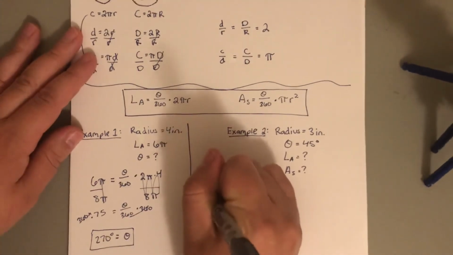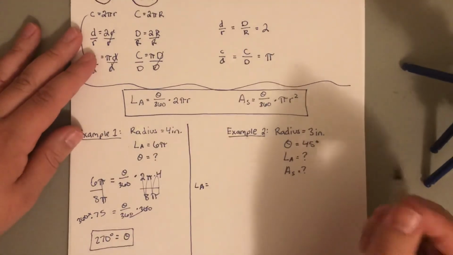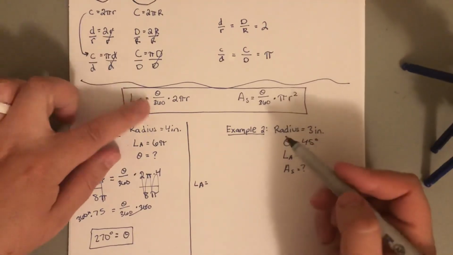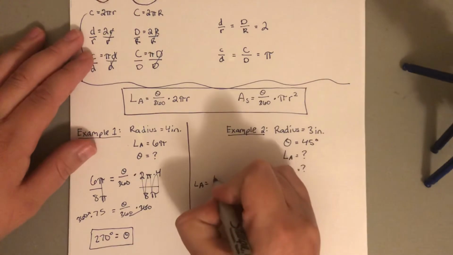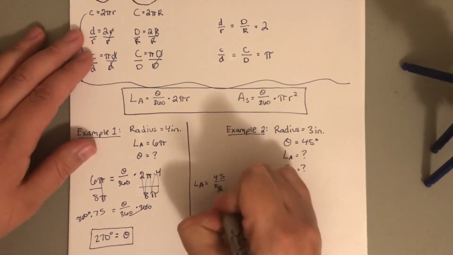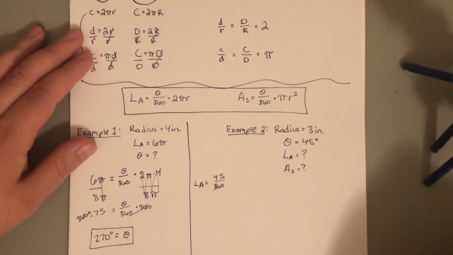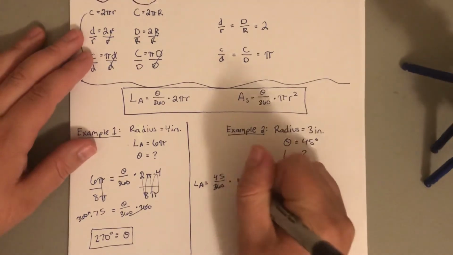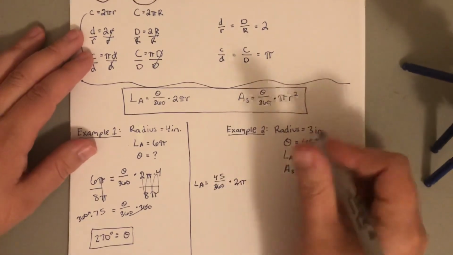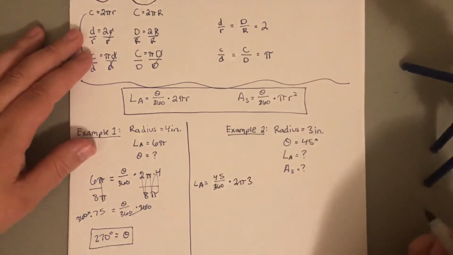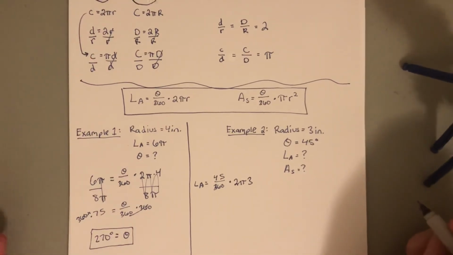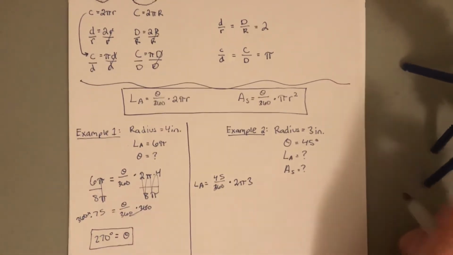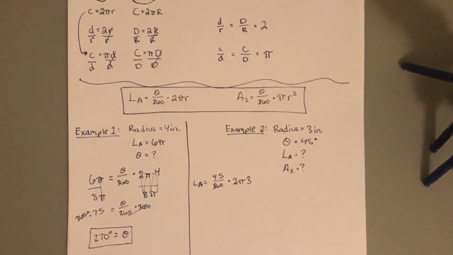So the length of the arc is the central angle divided by 360, so I'll say 45 divided by 360 times 2 pi, and my radius is 3. So now I just have to solve this, simplify it until I figure out what the length of the arc actually is.